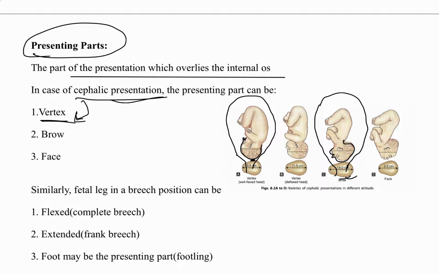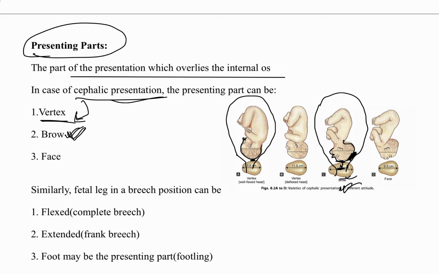But when the head is slightly deflexed, like in this picture here, you can see the vertex is actually not overlying the internal os this time, right? The vertex is here and the internal os is here. So the brow is actually overlying here. So this is known as a cephalic presentation where the presenting part is brow.